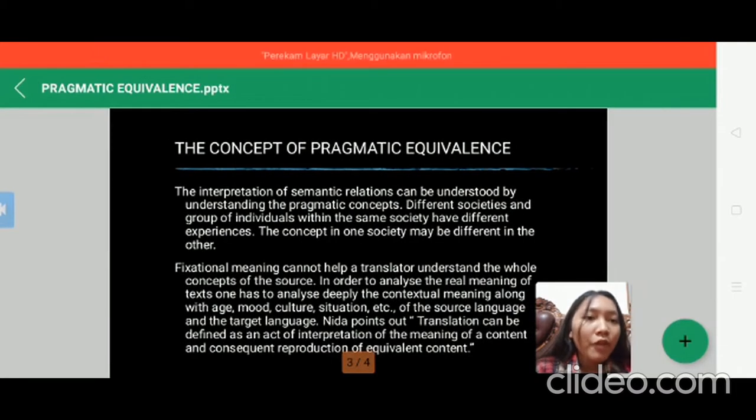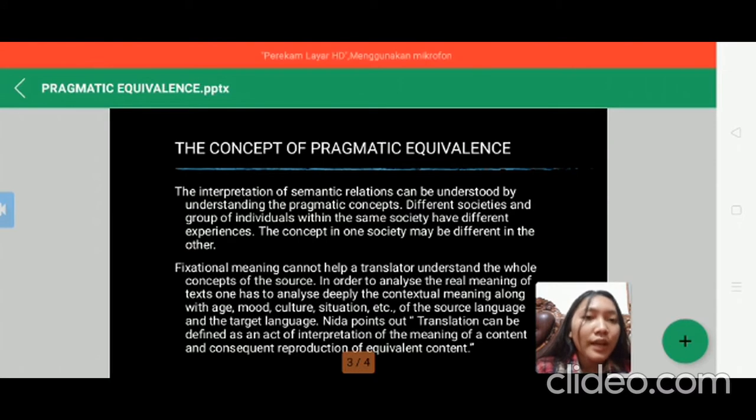The concept of pragmatic equivalence. The interpretation of semantic relations can be understood by understanding the pragmatic concept. Different societies and groups of individuals within the same society have different experiences. The concept in one society may be different in another. Fixational meaning cannot help a translator understand the whole concepts of the source.